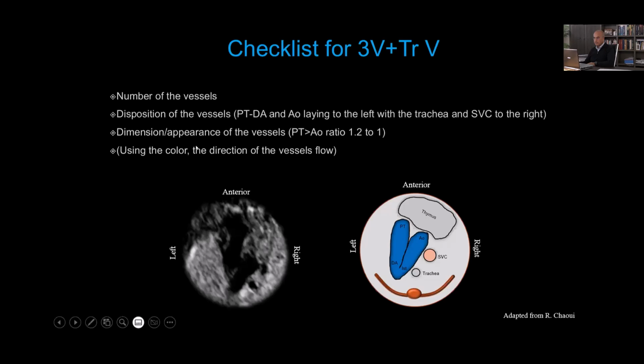The dimension and appearance of the vessels, with, as I told you, a little predominance of the pulmonary trunk to the aorta with a ratio 1.2 to 1. And using color, we have to use color in order to see the direction of the flow. That should be the same.